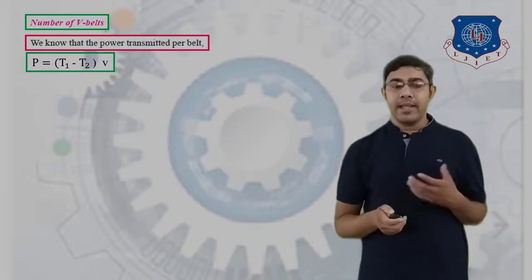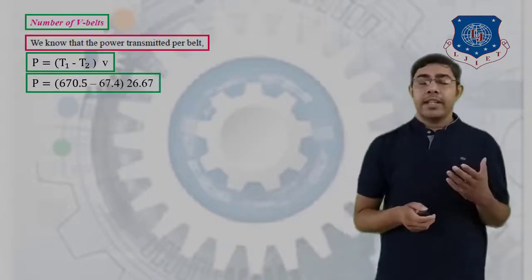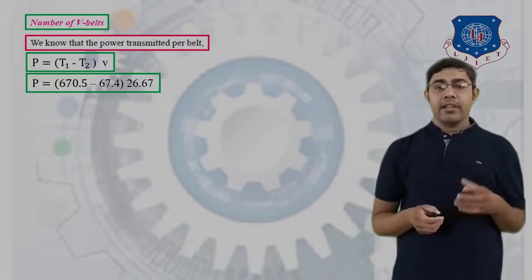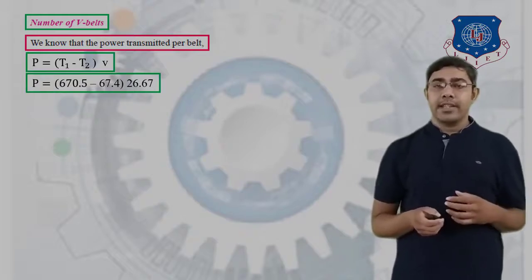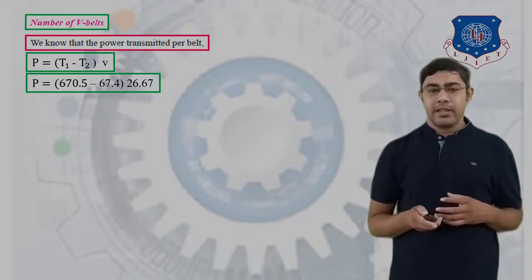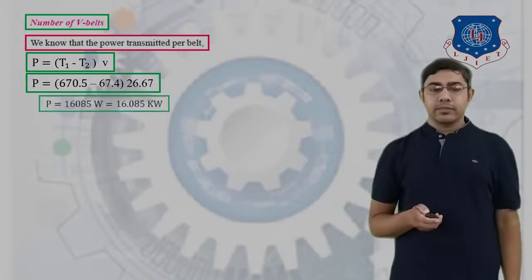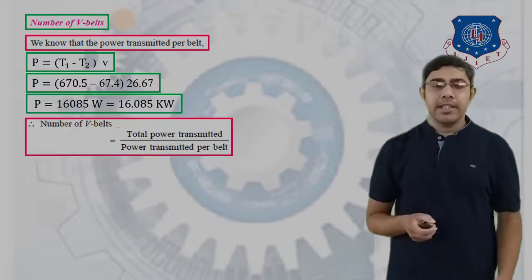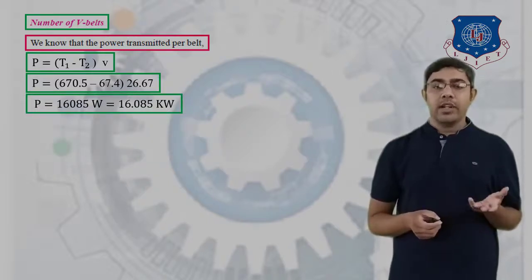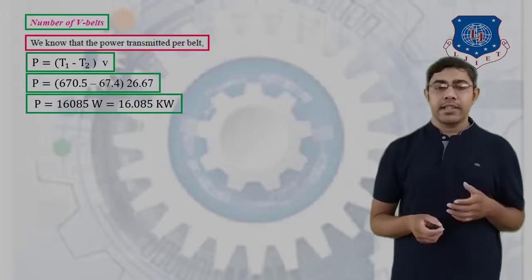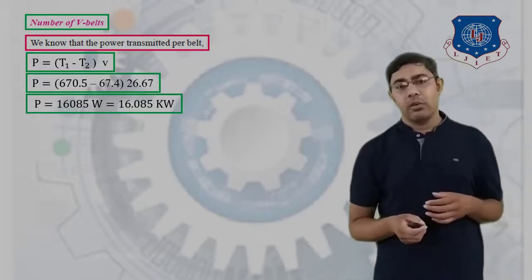So we place the value of T1, that is 670.5, T2 that is 67.4, and V is given 26.67 meter per second. So we get the power is equal to 16085 watt, or if you convert into kilowatt, that is 16.085 kilowatt.